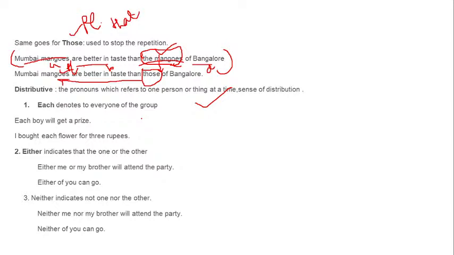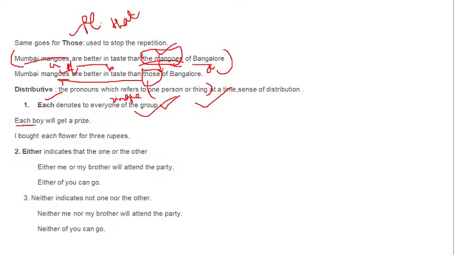"Each" means a sense of distribution, like one person or thing at a time. One by one it will be distributed. Each of us will be getting it. So "each" denotes every one of the group. Every single person of the group is denoted by "each".